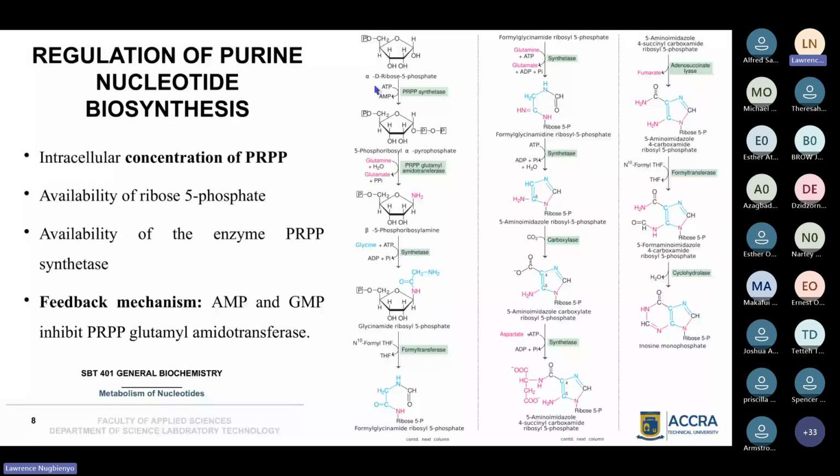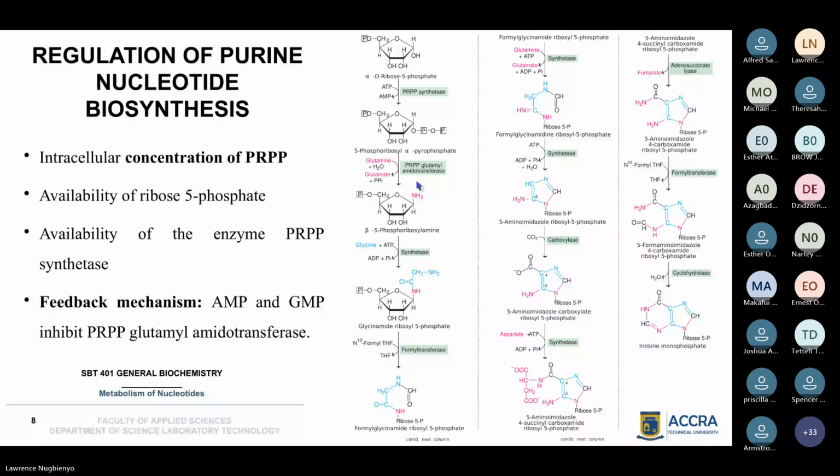And so that is why you see the adenosine monophosphate and guanosine monophosphate inhibiting that enzyme, that glutamyl aminotransferase, which is involved in the transfer of the amine group from glutamine in the process of that biosynthesis of nucleotides.